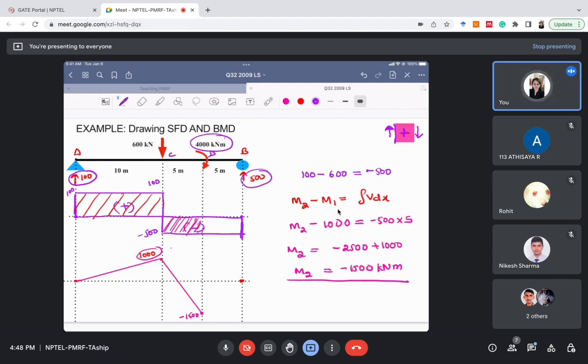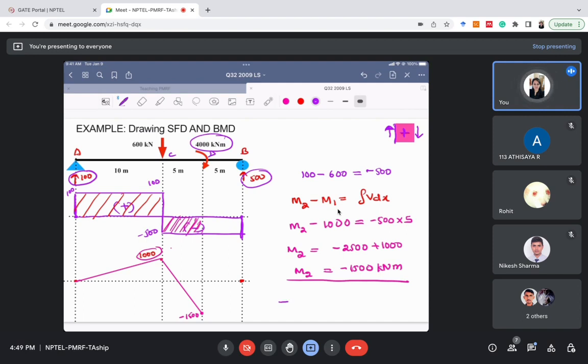I have discussed this point earlier. Whenever there is a clockwise couple, the bending moment will jump by that amount. If there's an anti-clockwise couple, the bending moment will drop by that amount.